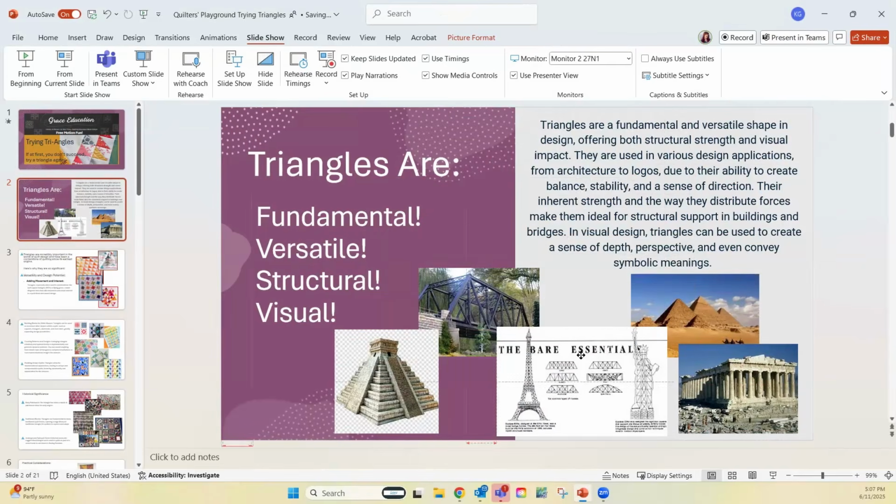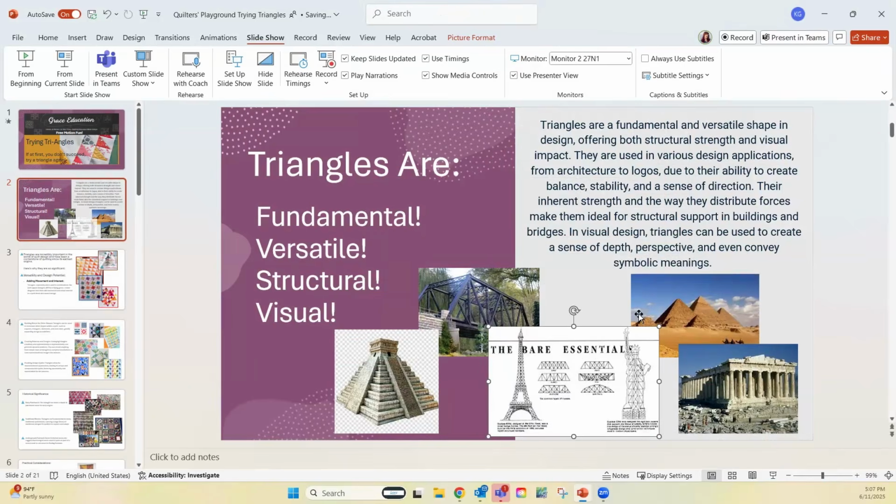And then you'll see from Greece to the pyramids to bridges, and even down in Mexico, the Mayan people knew how important triangles were. So they're fundamental to the world of design and structure. They're very versatile and structurally important, and they bring a visual element to our world.